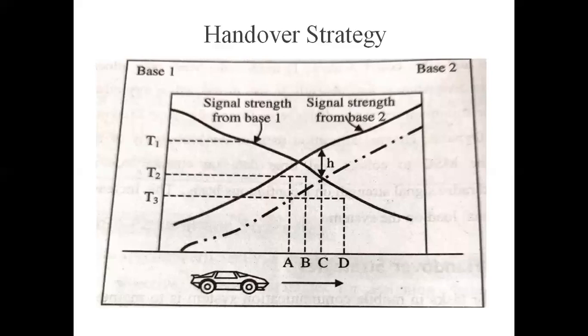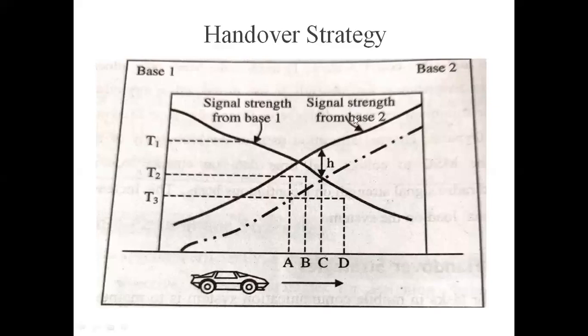So basically here also, we have relative signal strength with hysteresis, as well as one threshold. So now the signal strength has the hysteresis and the threshold margin. It also allows a user to hand over the current ongoing call to a new base station.